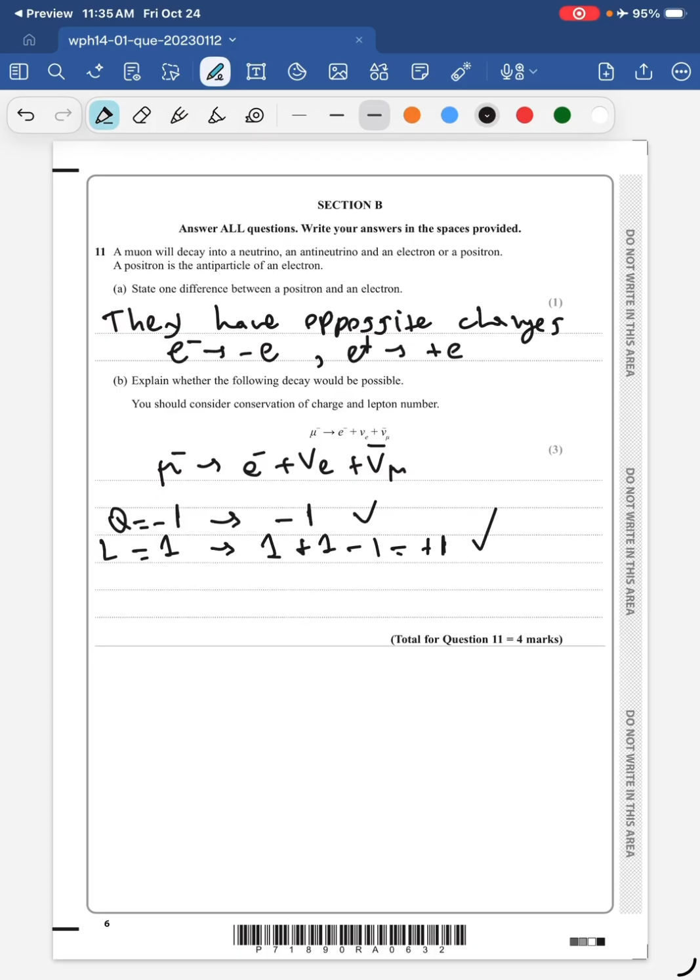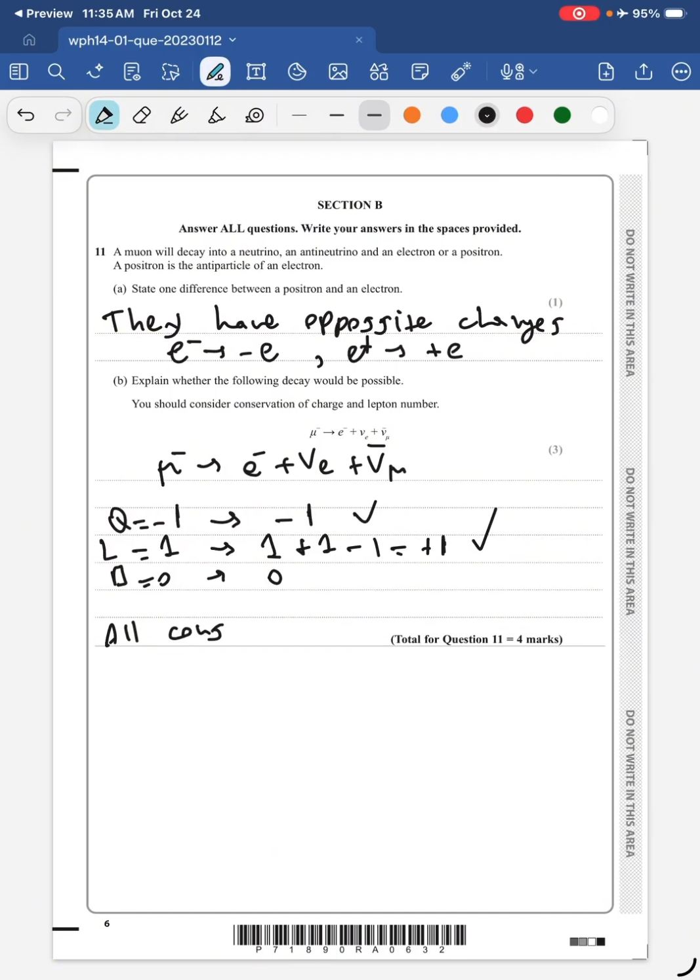So lepton number is conserved, and baryon number is conserved but doesn't really apply here because we are not dealing with baryons. In any case, the baryon number is 0 before and 0 after because you have no baryons involved.